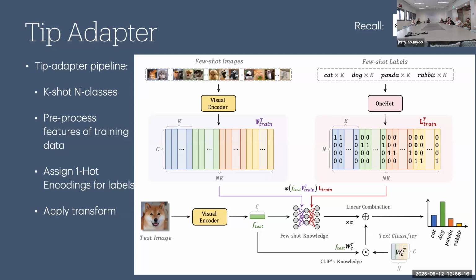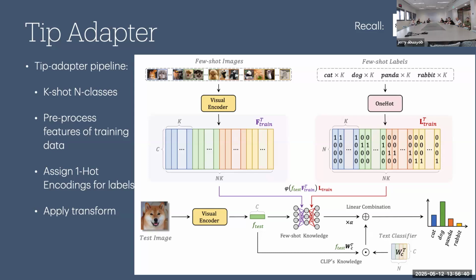And what we do is simply multiply that feature by the F-train matrix, and then we apply a certain transformation or a certain function. Over here it's an activation function, but I'll talk about that in a bit. So they apply an activation function, and then they multiply it by L-train.